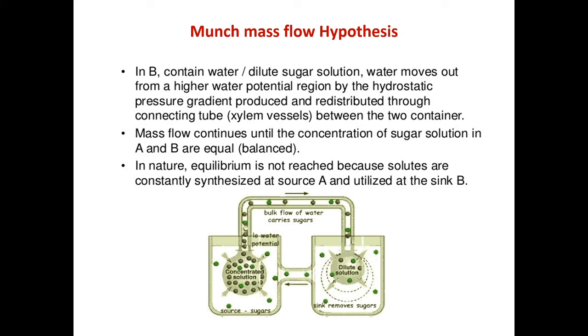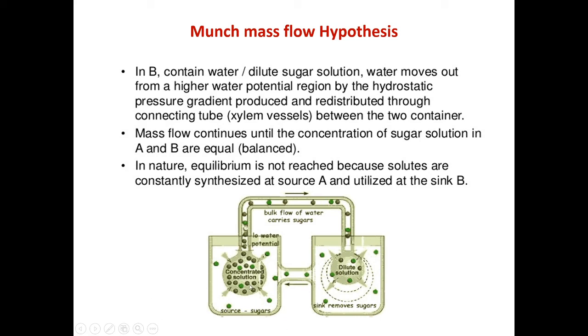So Munch suggested that the living plant contained a system comparable to this physical model, where sugars move by phloem loading into the source end of the sieve tube. The total concentration of dissolved solutes will be greater in the source than in the adjoining xylem and parenchyma cells.